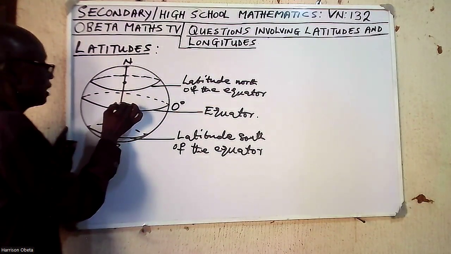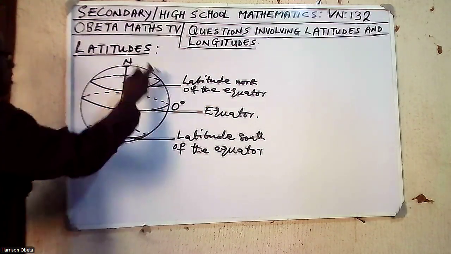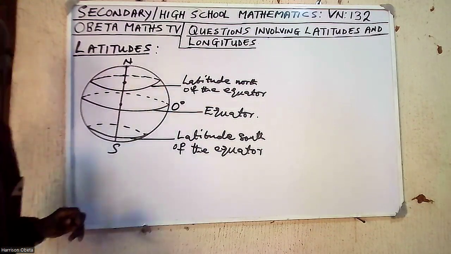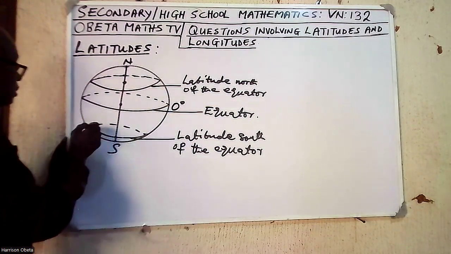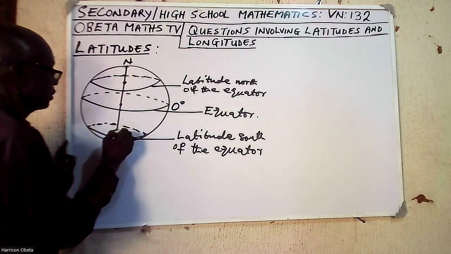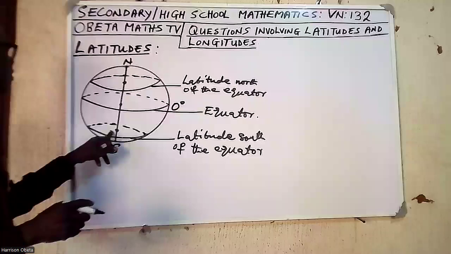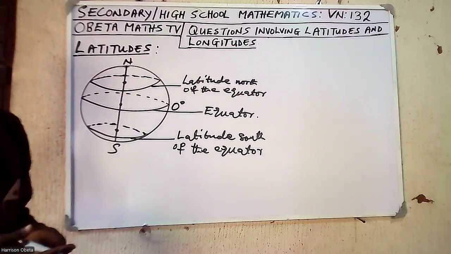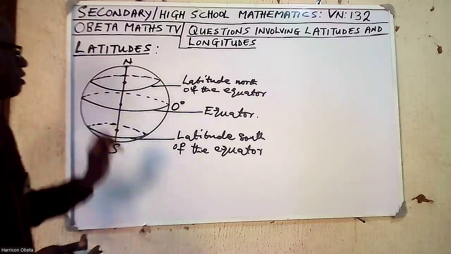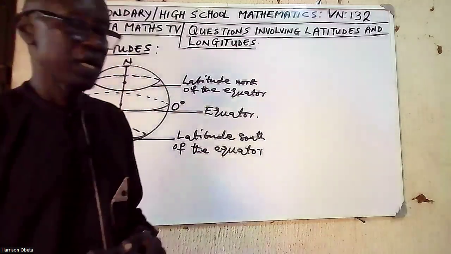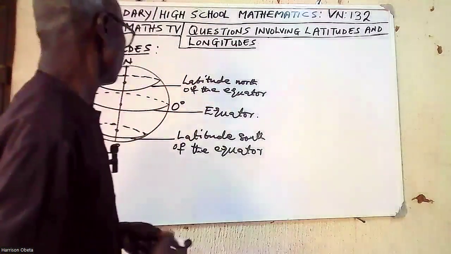It's the only one that has the same center with the center of the Earth. This is the Earth's surface. And for this one again, this is another center. So you can see that the center of this one and this one, they are different. So that's why I said lines of latitudes or parallels of latitudes form small circles.